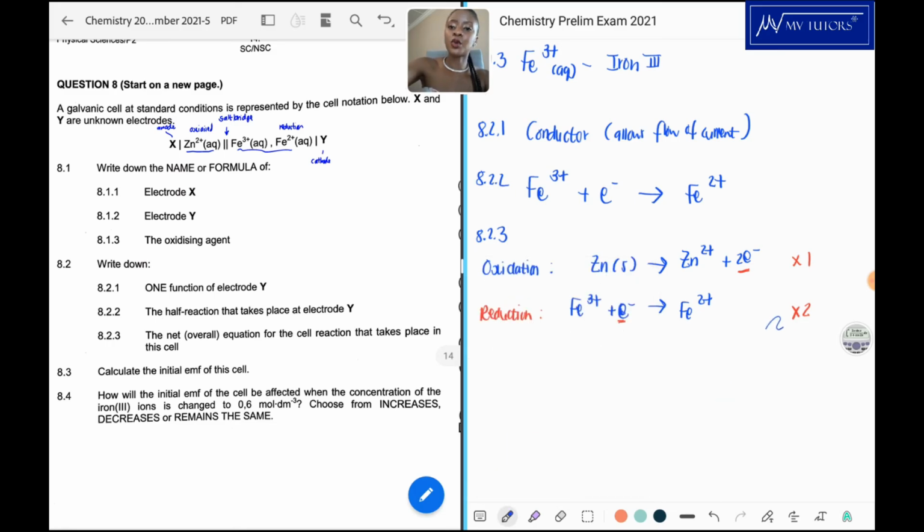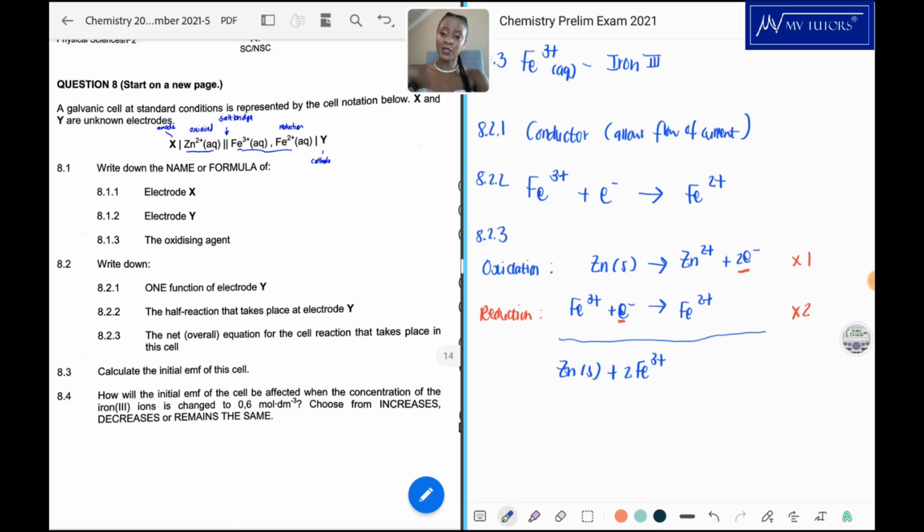So at the end, what then happens? Zinc will stay the same, I have my solid. And iron 3 plus has to be multiplied by 2. I'm not going to put the electrons in, because if I multiply by 2, it will be 2 electrons on the oxidation side, so they will cancel.